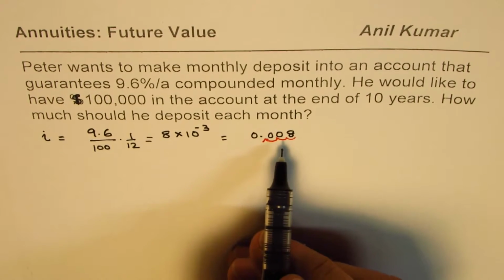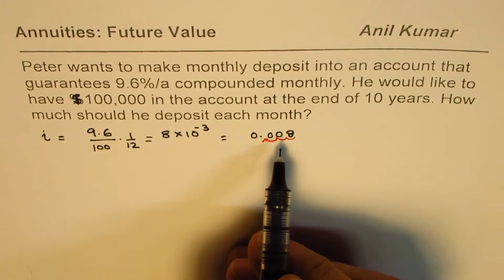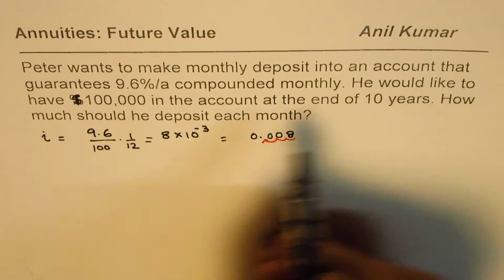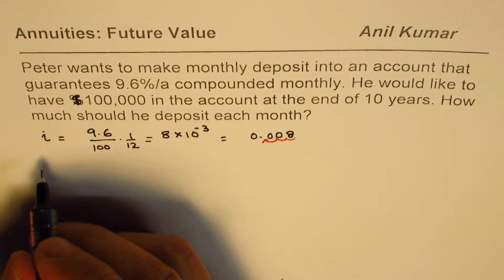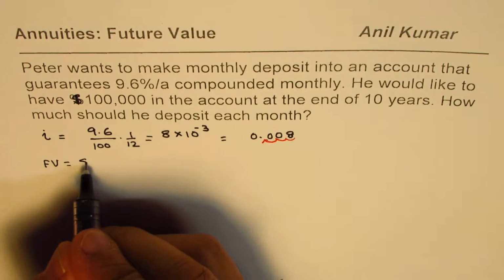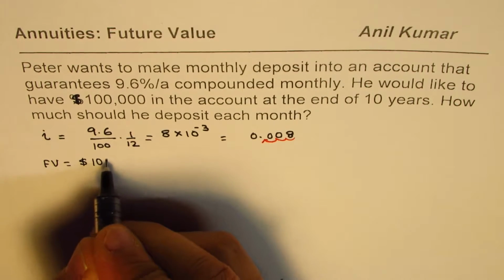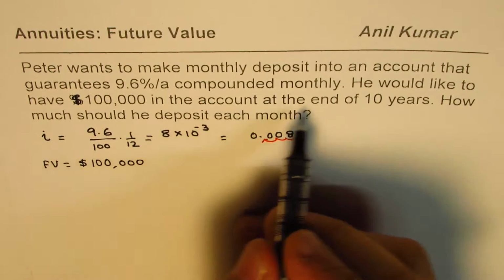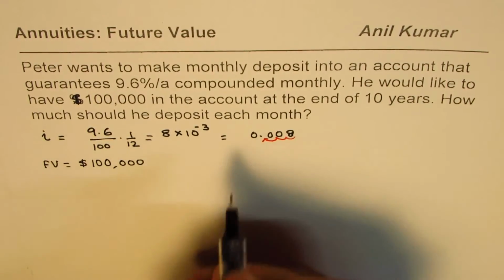So our compounding period in this particular case is monthly, right? Now, he would like to have that much amount, so that is the future value. In future, he wants $100,000 in the account at the end of 10 years.